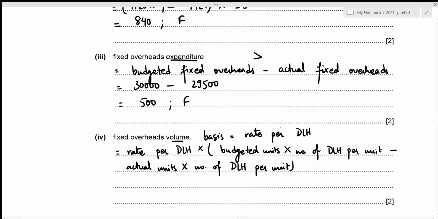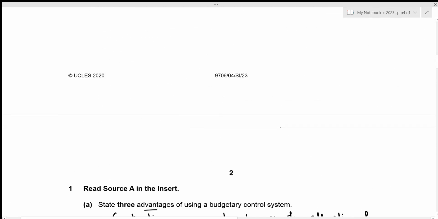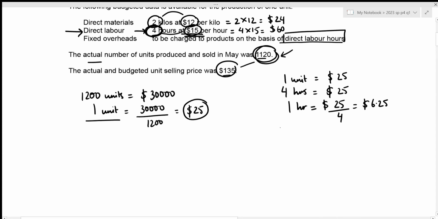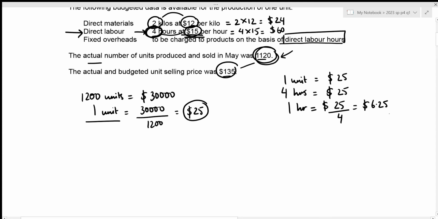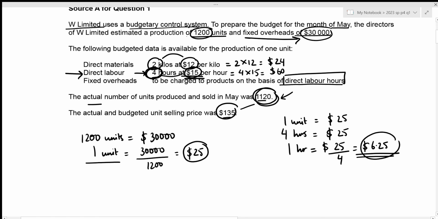Let's have a look above. We figured the rate per direct labor hour to be 6.25, right? So this is the rate we will be using. Then our total budgeted unit was 1200, whereas the actual unit was 1120, and the direct labor hour required per unit was 4. So let's just substitute these values.